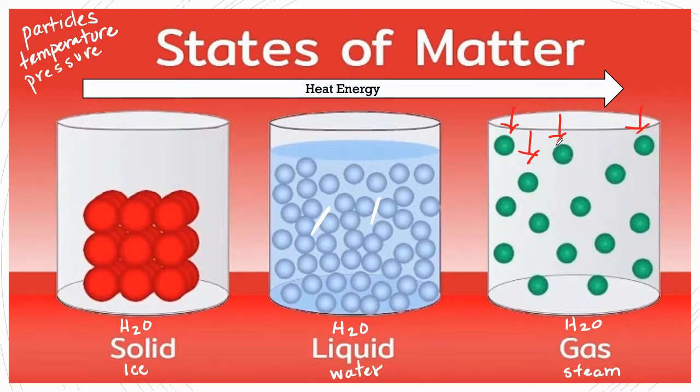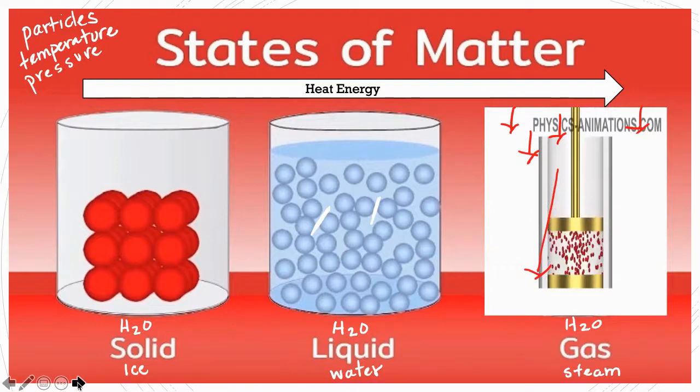And what I'm doing is I'm forcing all of these particles to end up at the bottom of the container. What's happening to them in relation to each other? They're getting closer together, right? I'm packing those particles closer together. What's that doing? It's making it more like a liquid. So if you pressurize a gas, you can make it more like a liquid.